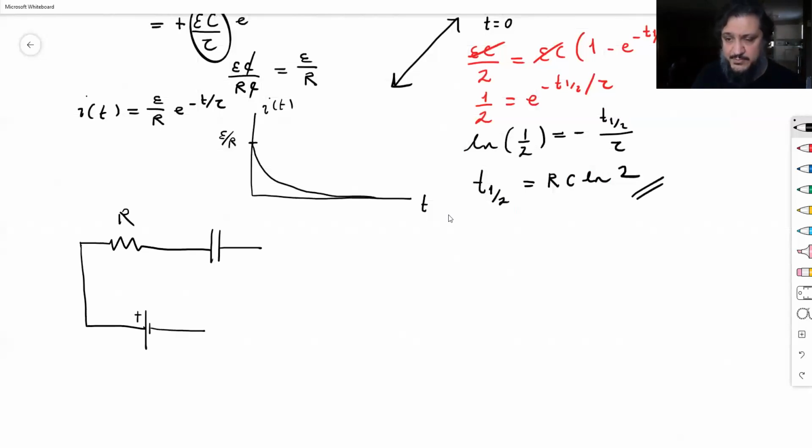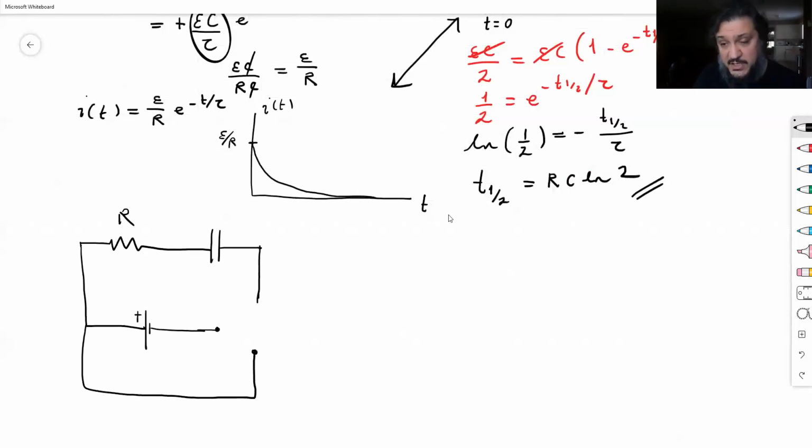Okay, I'm going to put the switch here, but I want to add a cable here connected to the switch, this two-way switch.